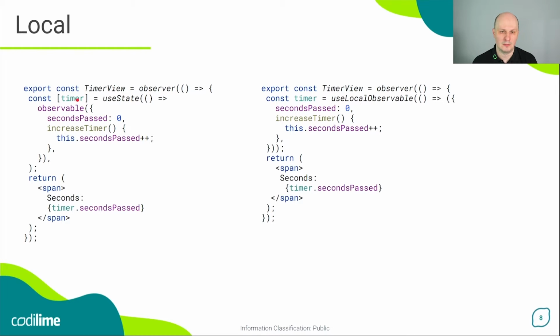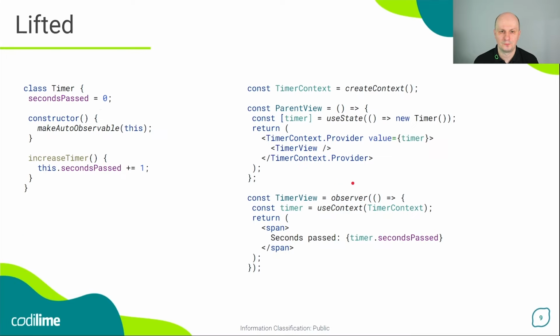So we have a timer which is a store with one action and one data. The other example from the documentation is using the useLocalObservable helper from the mobx-react-lite library. We have direct access to the timer store and later the code looks the same.